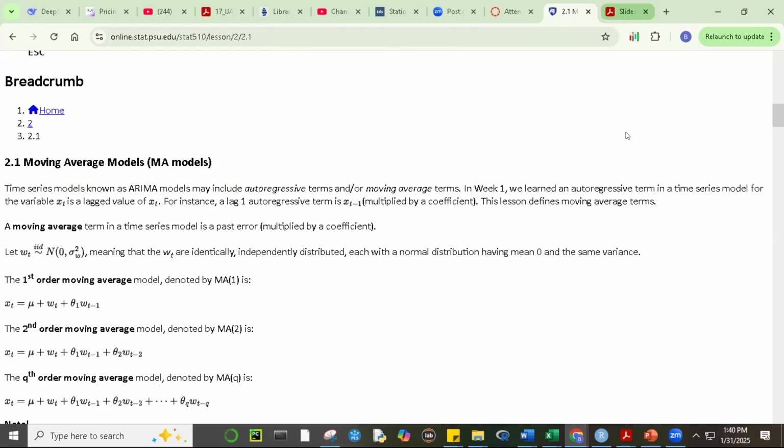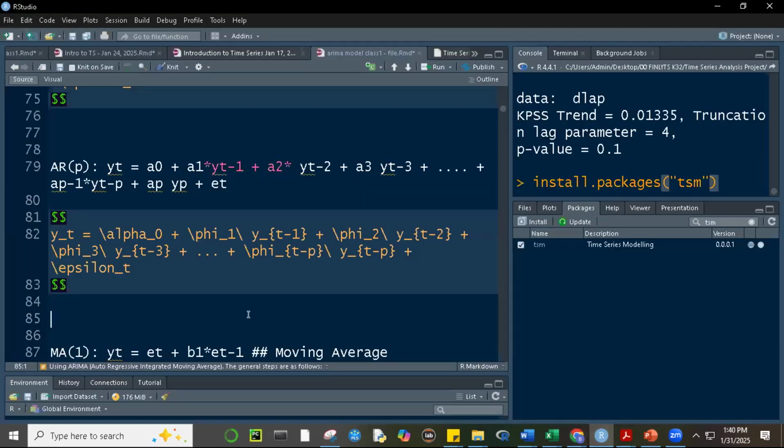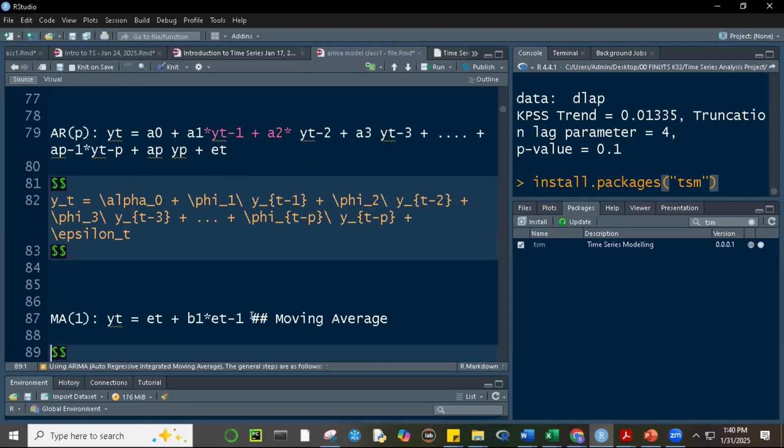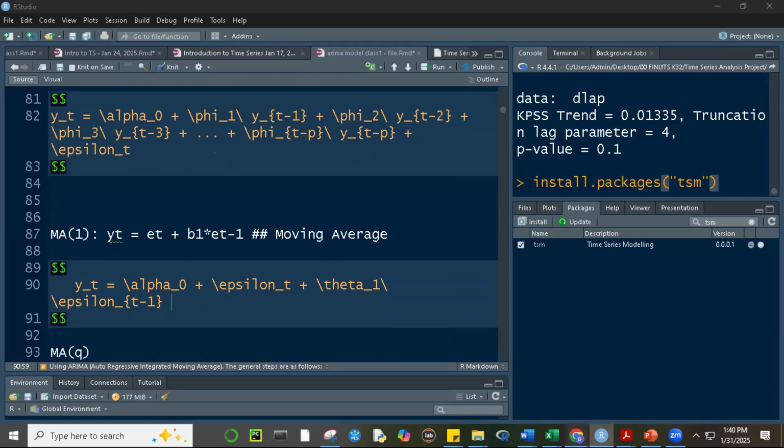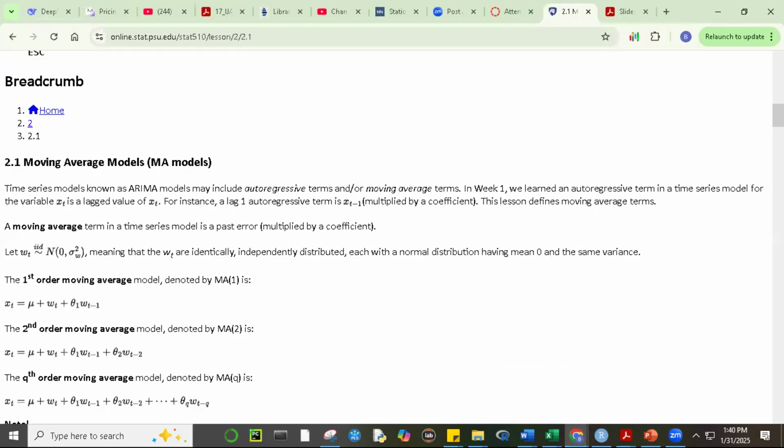Now we go to the next one, which is your MA. Your MA, class, if you write this, you can write your constant here. Actually, we discussed this a while ago, right?